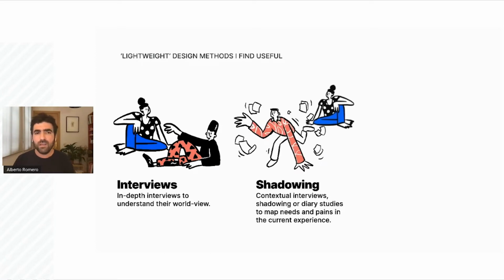The next one is more tactical, and it's more about observing, shadowing combined with contextual interviews. They are useful to map the needs and pains in the current experience, but also to grasp mental models. I'm talking about sitting down to observe a person as they are going on with the tasks that are relevant to the product.